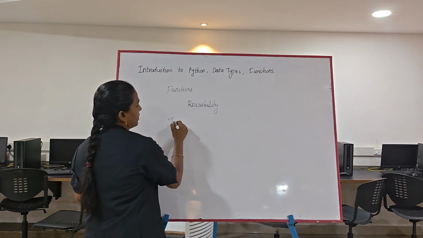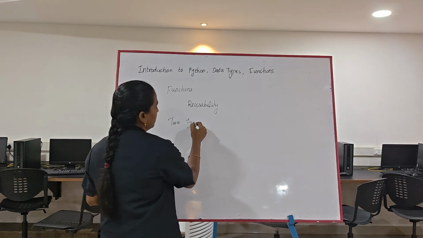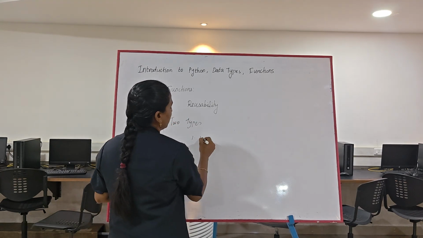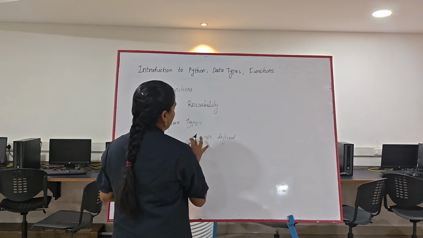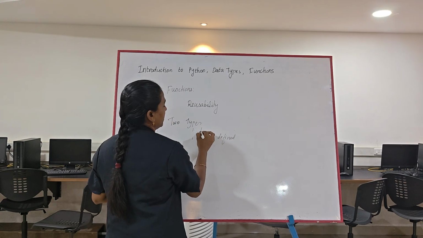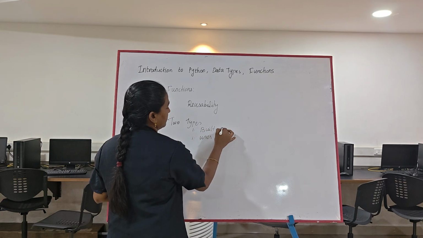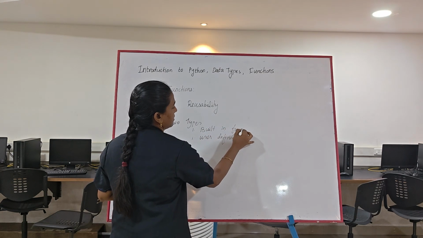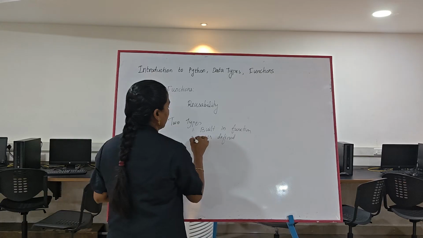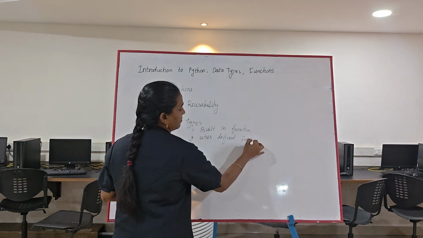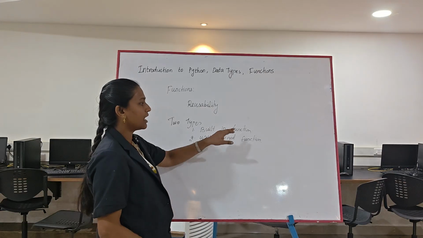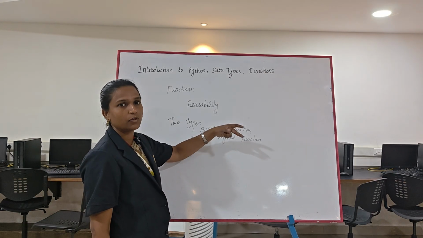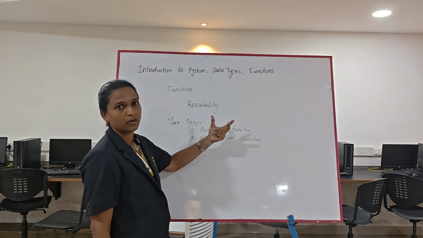There are two types of functions. First one, built-in function. Second one, user defined function. A built-in function is a function already written by the programmer to perform a particular task.